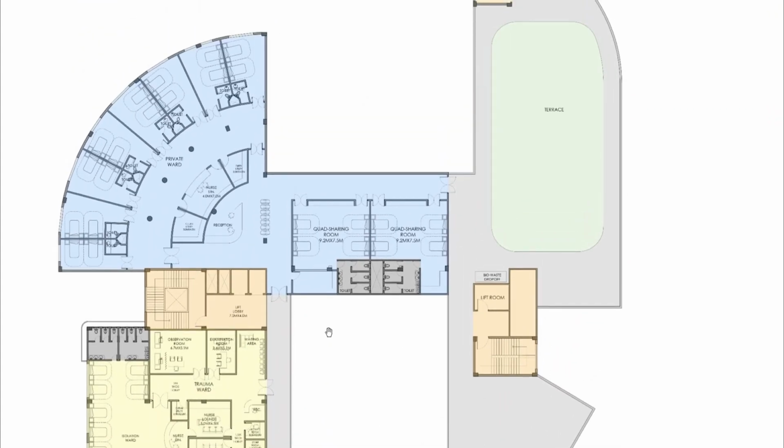On the northern side, right above the service area, there is the private ward. There are dual and quad sharing bed rooms in the private ward. All the rooms have been provided with individual toilets.